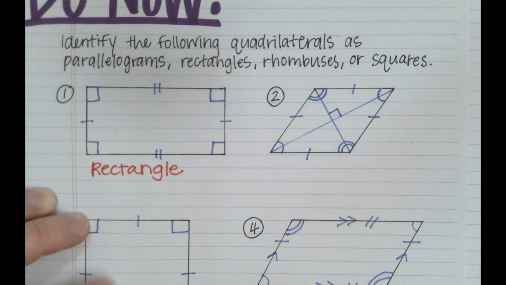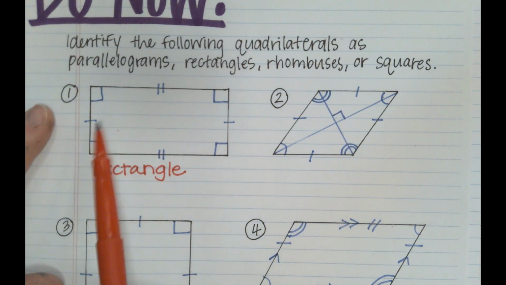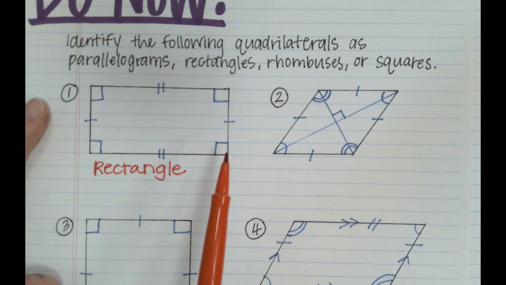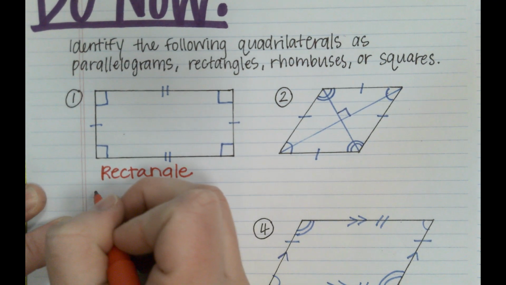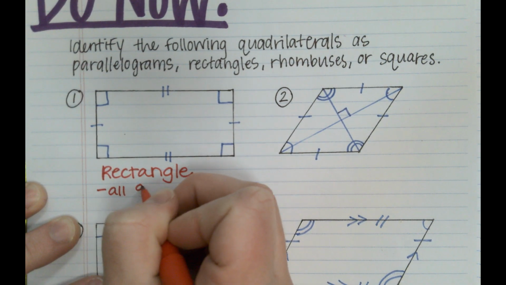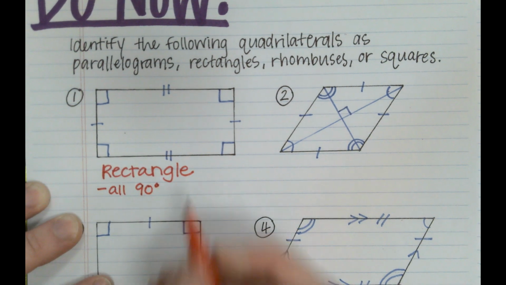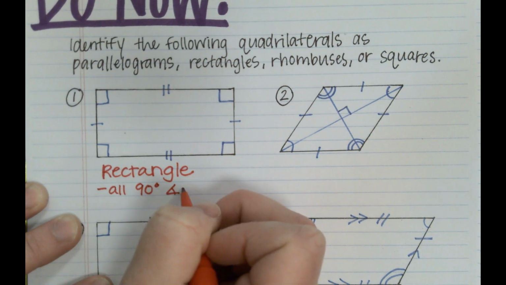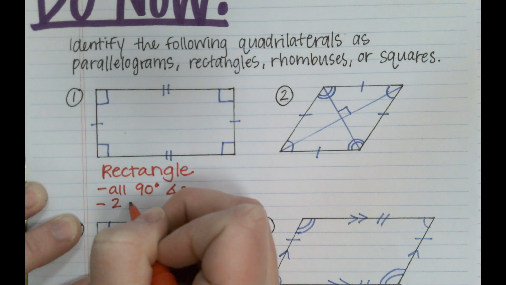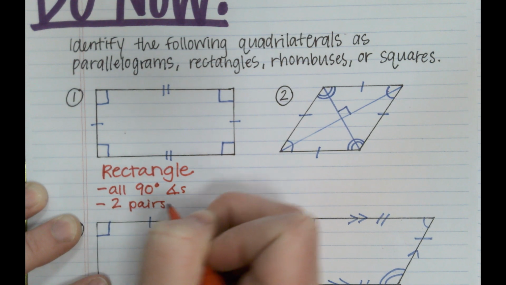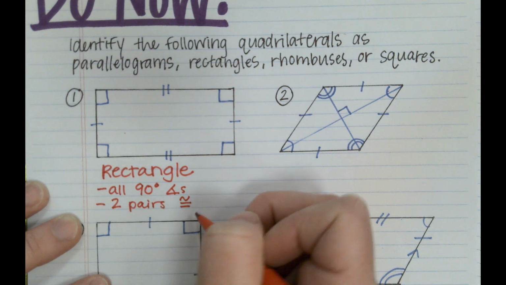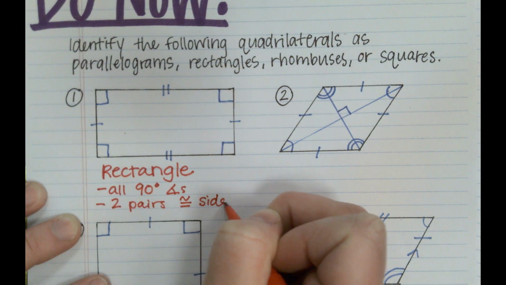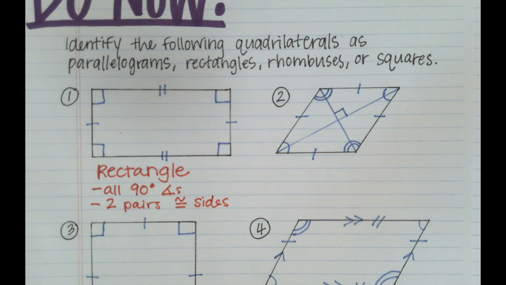Two pairs of equal sides. Perfect. You don't have to write this part, but I'm just taking little notes. All 90-degree angles and two pairs of congruent or equal side lengths. Everybody get that one?